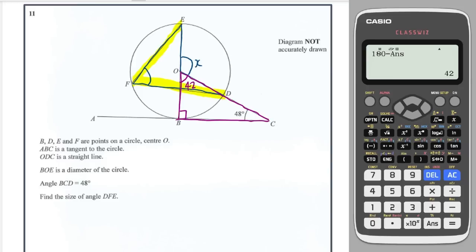So 42 goes in there. X is on a straight line with 42, so it's 180 minus 42, which is 138. And then finally, the angle we're actually looking for, which is DEF, is 1/2 of the angle 138. So I do 138 divided by 2, and I get 69.